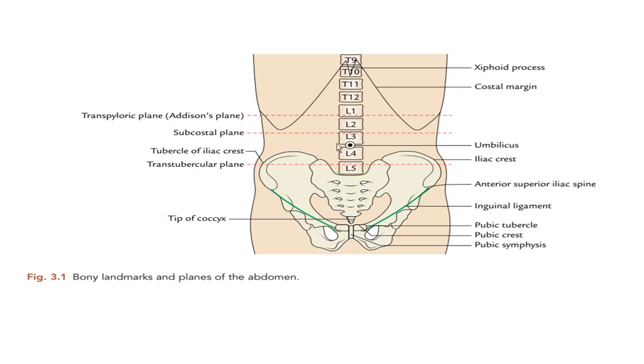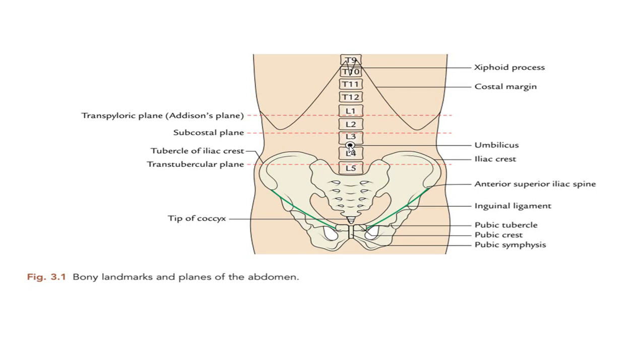It is an irregular depressed area in the midline, a little below its midpoint, at the level between the third lumbar vertebra and the fourth lumbar vertebra.